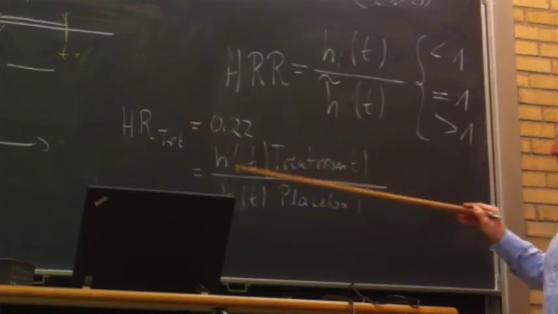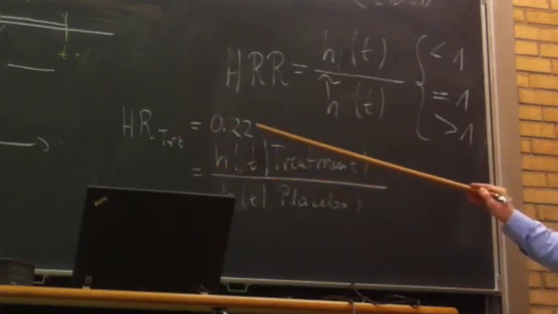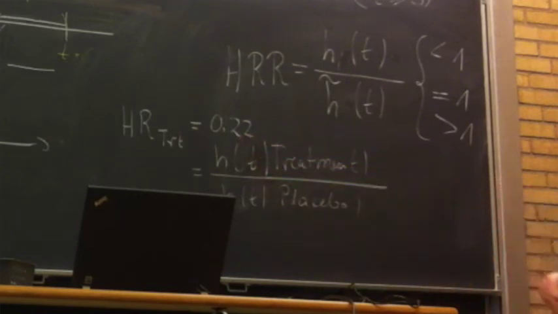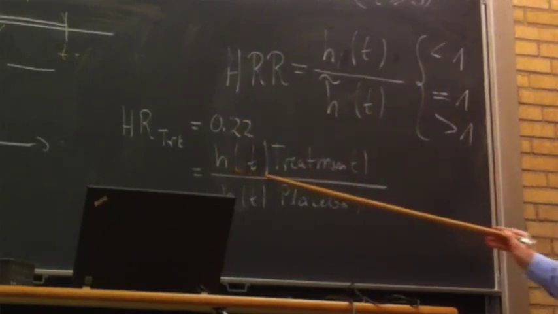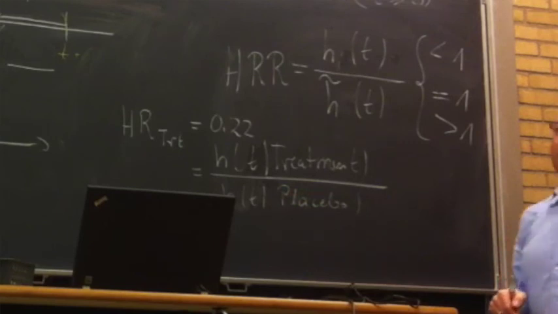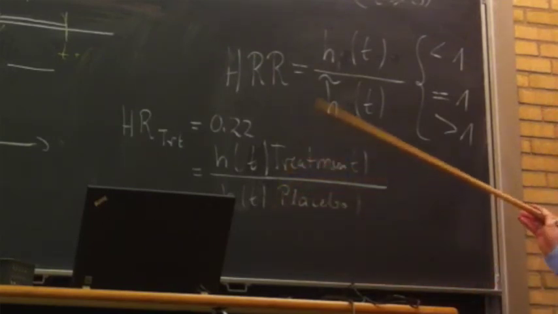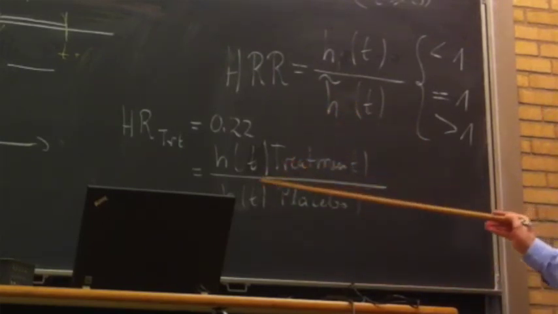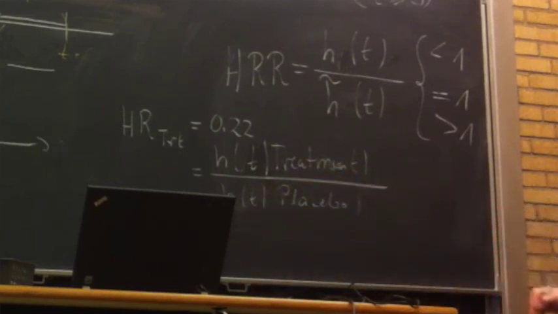So this constitutes the hazard rate ratio, and in this case the hazard rate ratio is 0.22. That means we have a decrease of the hazard. That means the hazard in the treatment group to experience the event of interest, in this case to relapse, is less than the hazard in the placebo group.